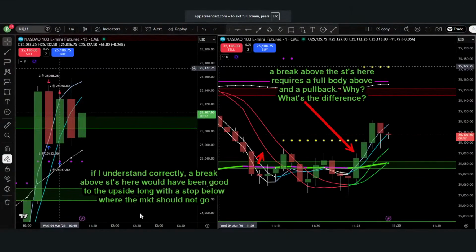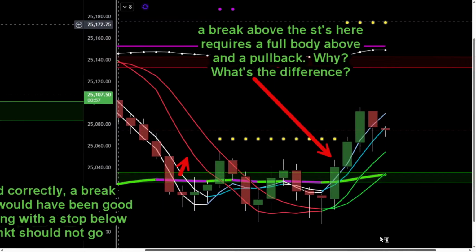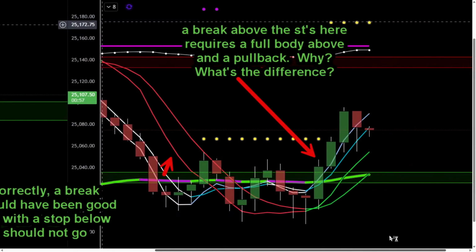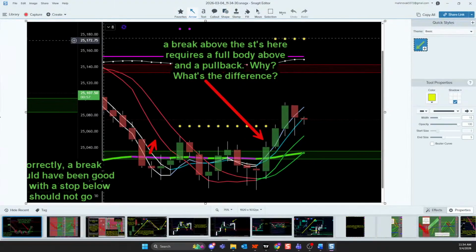If I understand correctly, a break above small triggers here would have been a good long to the upside, with the stop below where the market should not go. No. Paul, good question, man. Hold on. This is how we all have goldfish brains. I love it. So Paul, coming into support, right?